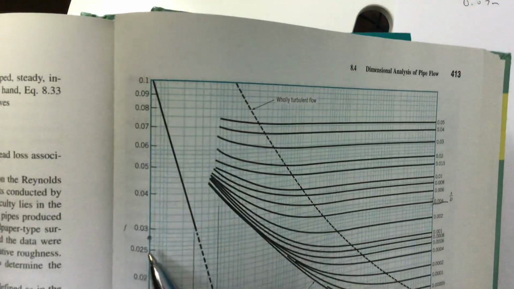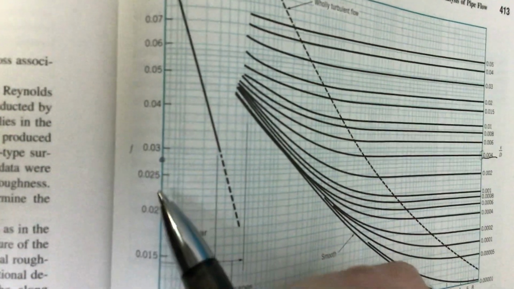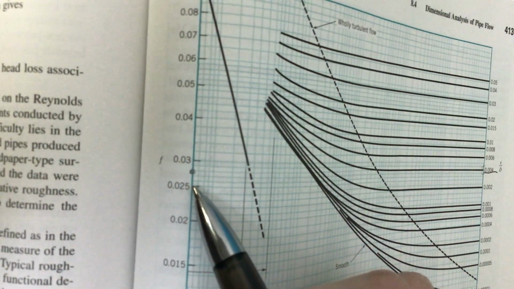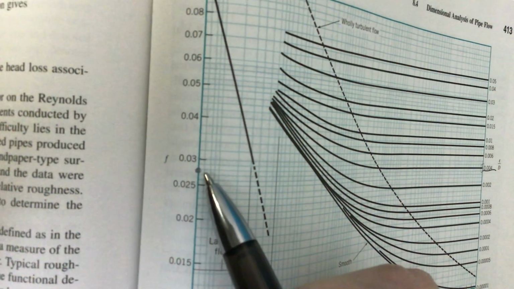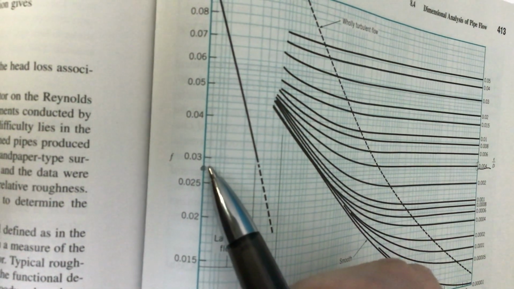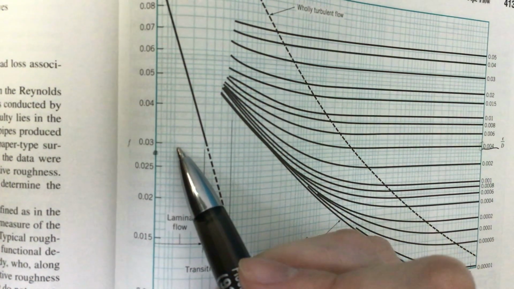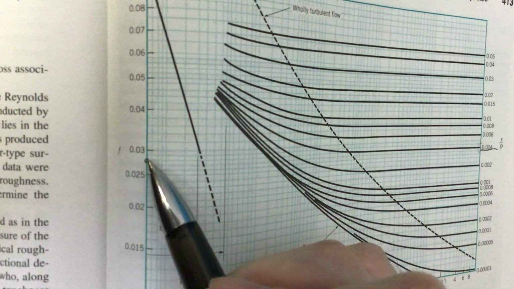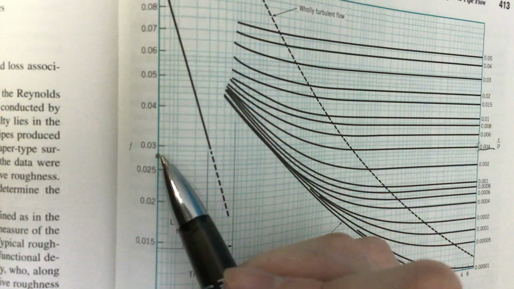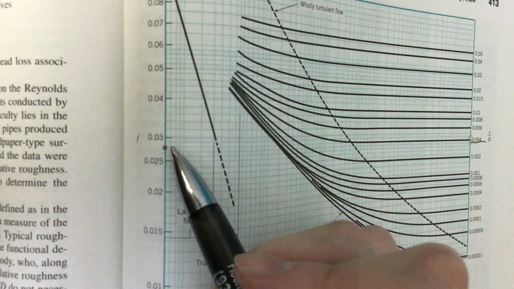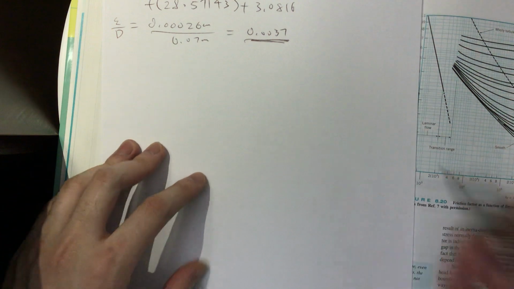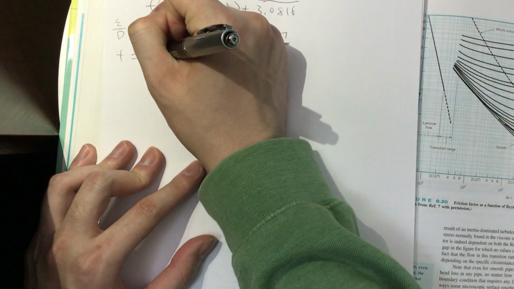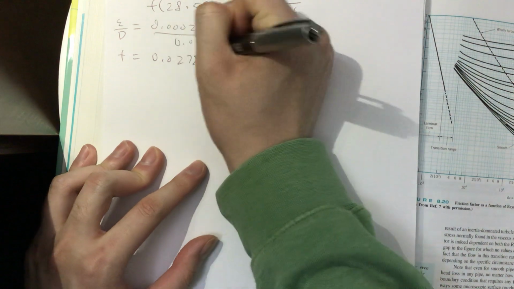So let's bring this up. 0.025, we're just going to say that's 0.026, 0.027, and 0.028. 0.0037 is slightly below 0.004, so we're going to assume that our friction factor is going to be slightly lower than 0.028. I think if you write down the friction factor to be 0.0278, that will work pretty good.